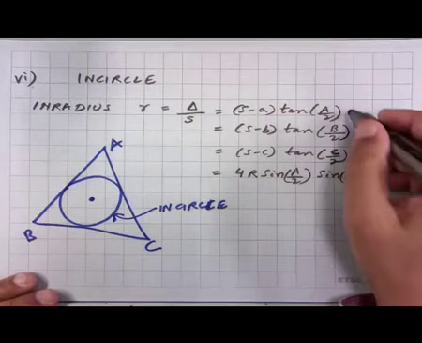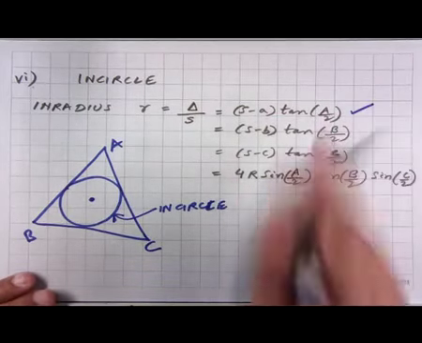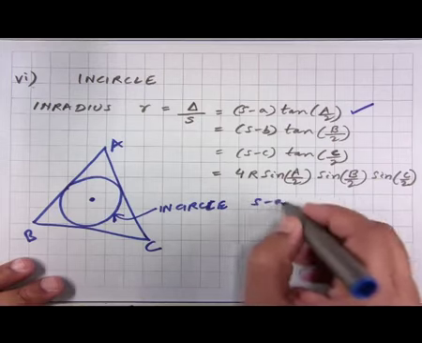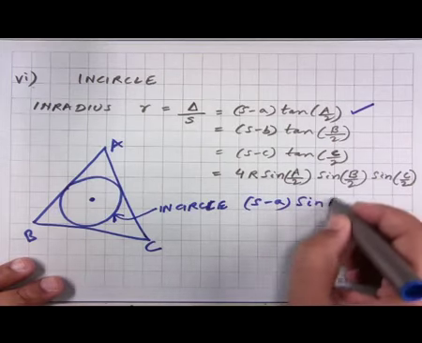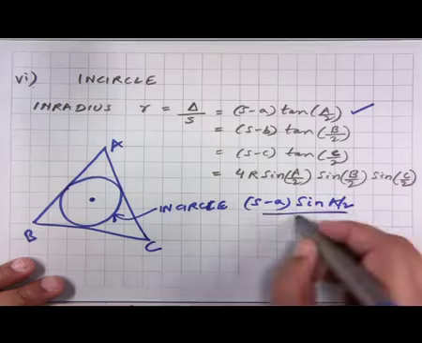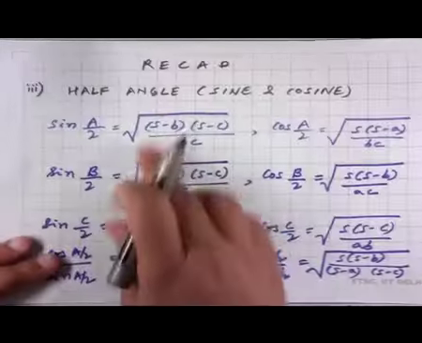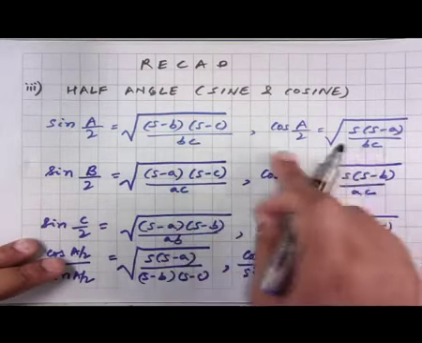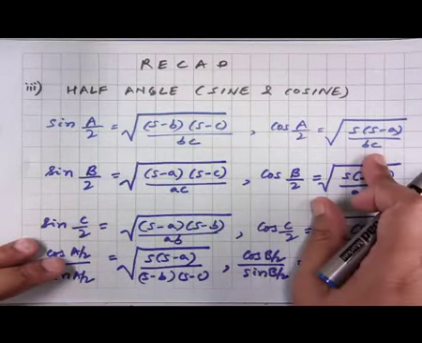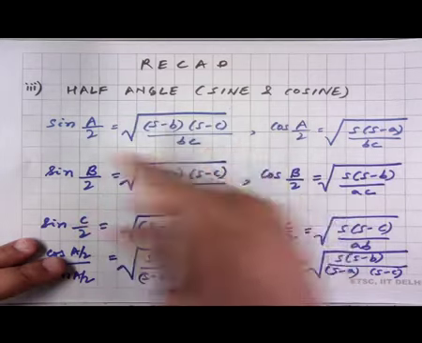So, this is nothing but (s minus a) into sin a by 2 divided by cos a by 2, and then we take the expressions for sin a by 2 and cos a by 2. So, tan a by 2 will be this quantity divided by this.